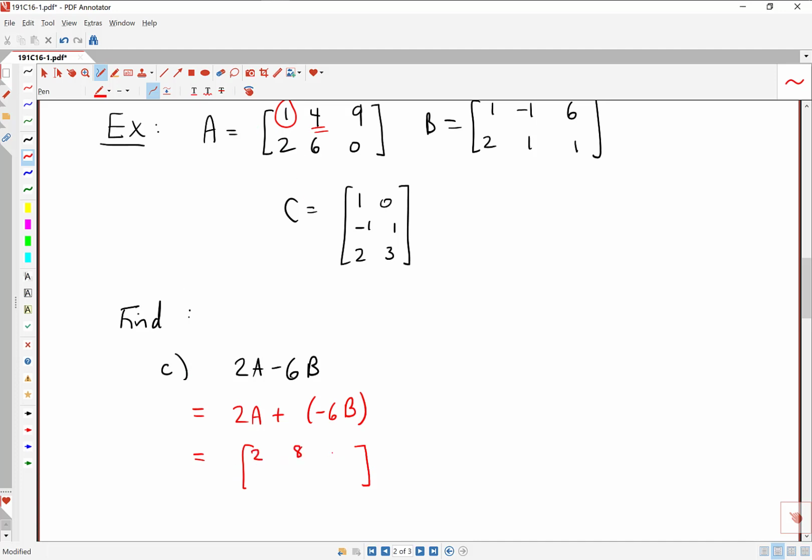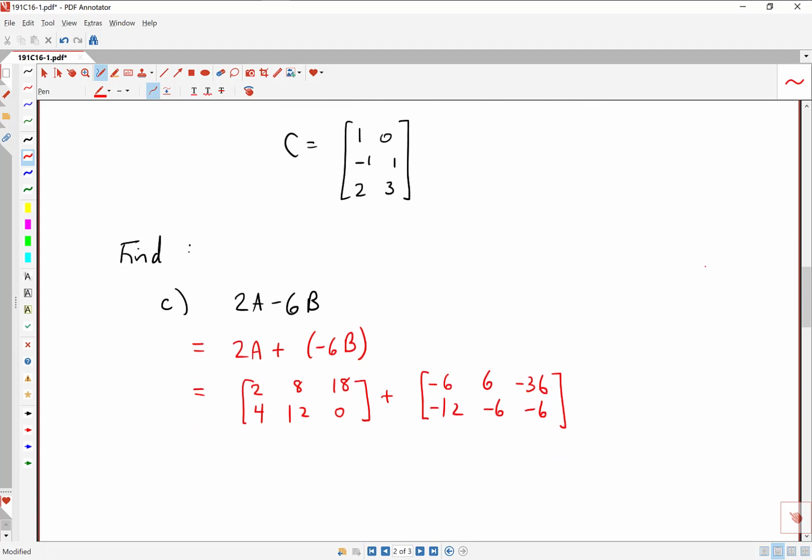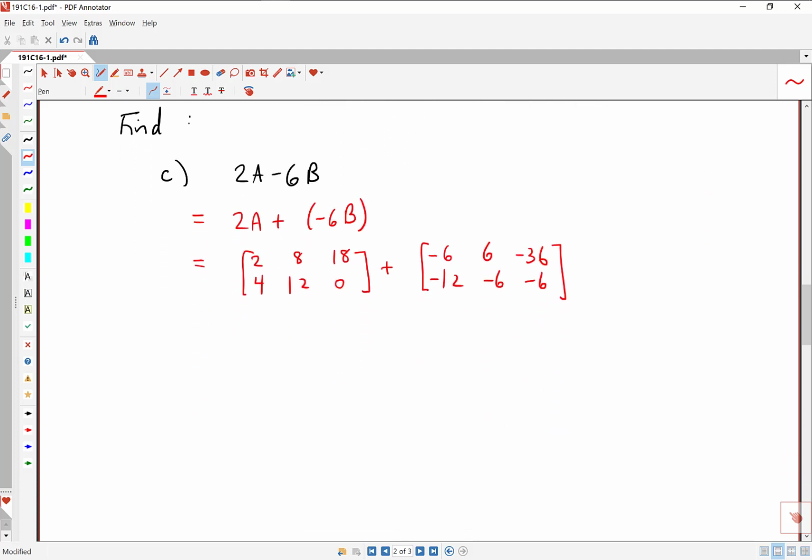We'd get 2, 8, 18, 4, 12, 0. And then to that, we're going to be adding on -6B. Okay, so let's multiply everything in B by -6. We have -6, positive 6, -36, -12, -6, -6.